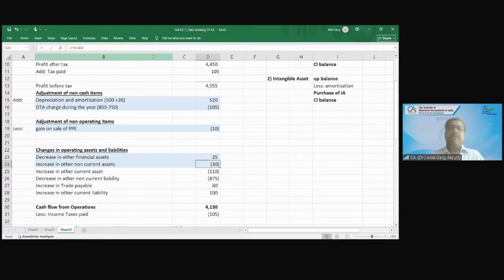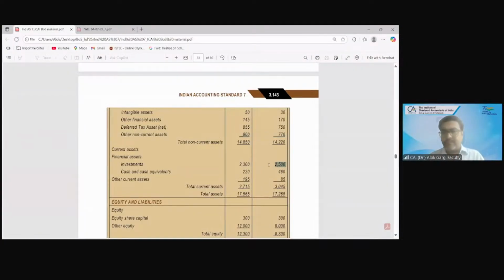Okay. Then you have financial asset, your investment. Your investment has decreased from 2500 to 2300, which means redemption of investment. So redemption of investment means we received the cash.